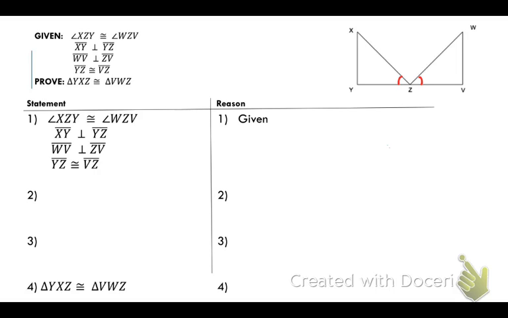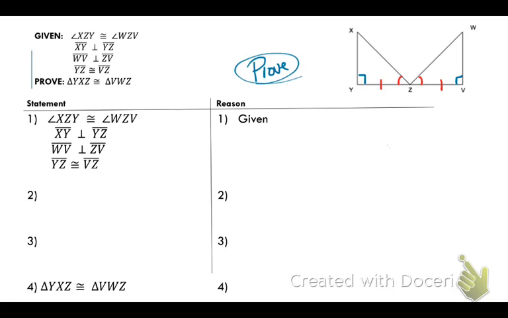Then I am told that side XY is perpendicular to side YZ, and side WV is perpendicular to side ZV. Well, I can't really mark that on my diagram, but what I can prove because of that, I'm going to mark in blue, is that those two perpendicular lines form right angles at Y and V.